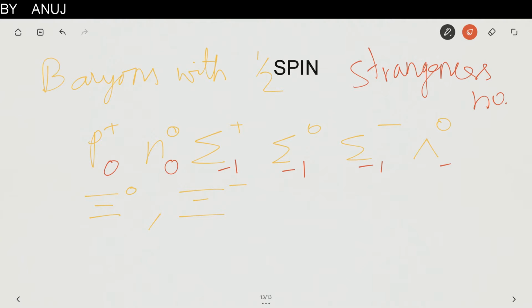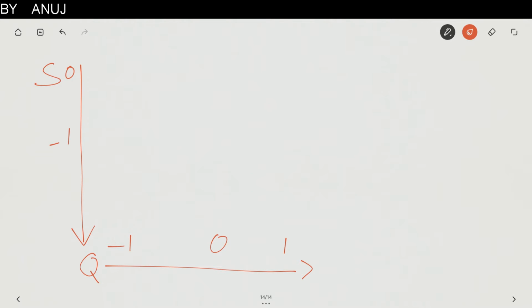For sigma it should be -1, and for lambda 0. Then the xi, which has strangeness of -2. Something interesting happens when we try to plot the charges on the x-axis and this strangeness along the y-axis. So let's go ahead and do it.